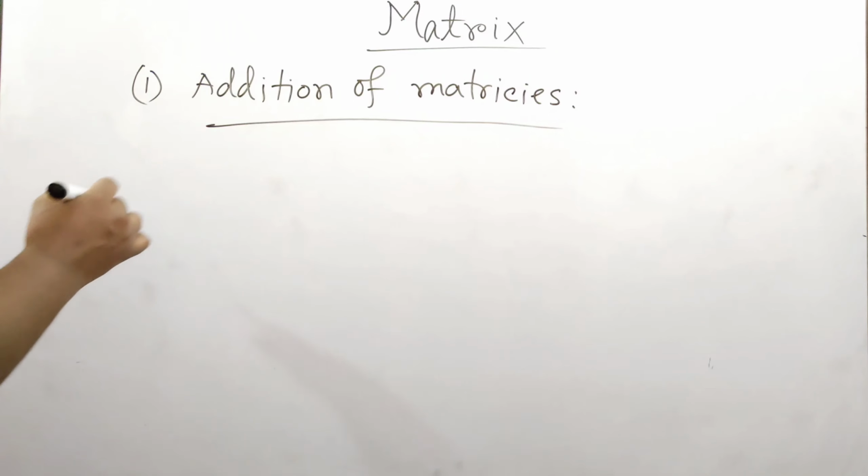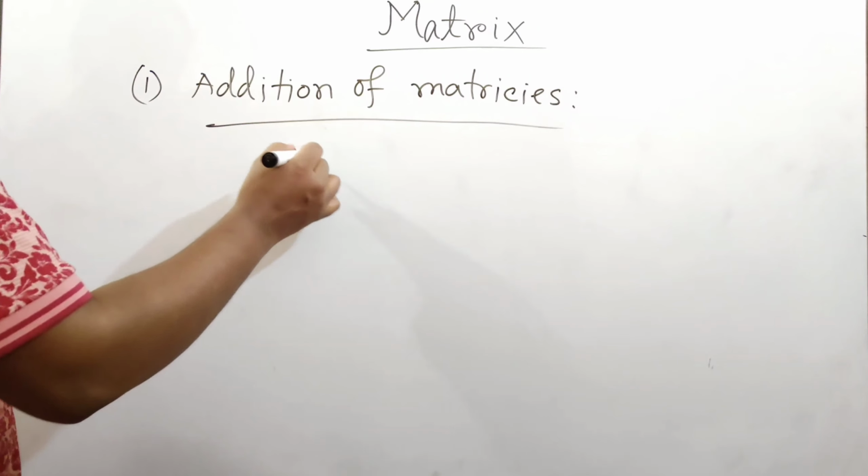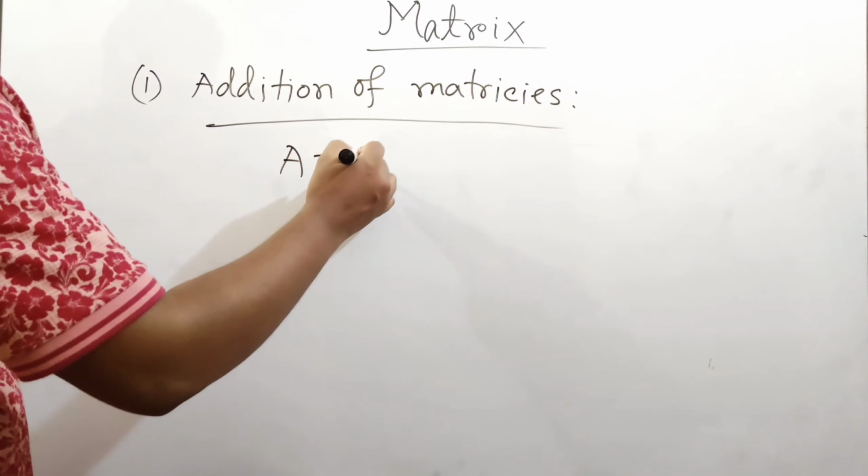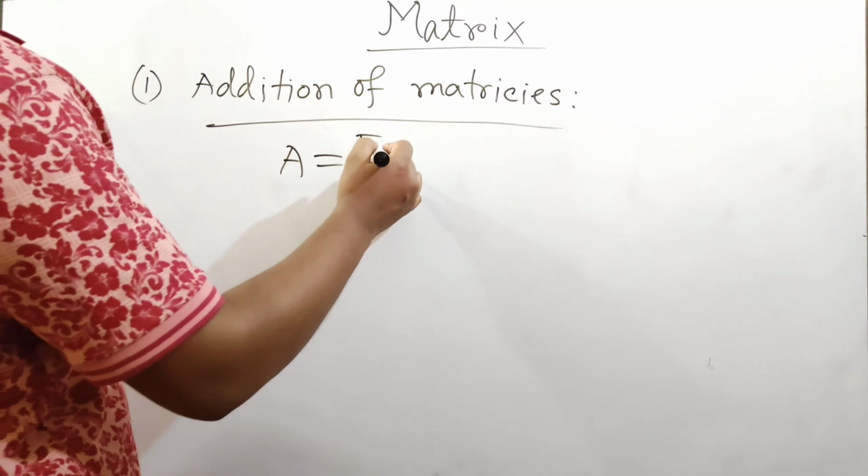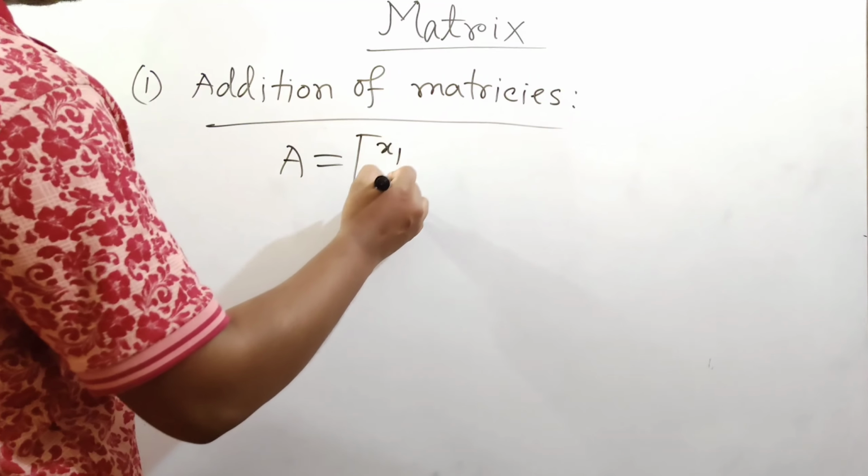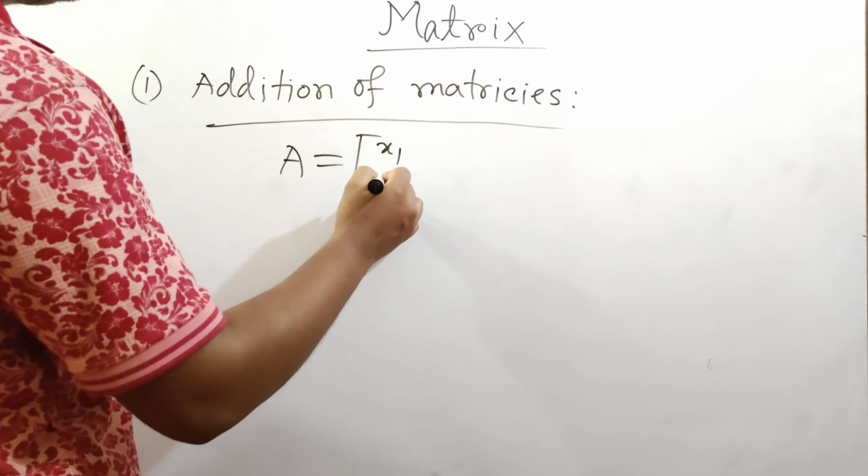For example, if two matrices are like this, x1, x2, y1, y2, and another matrix B, a1, a2, b1, b2.